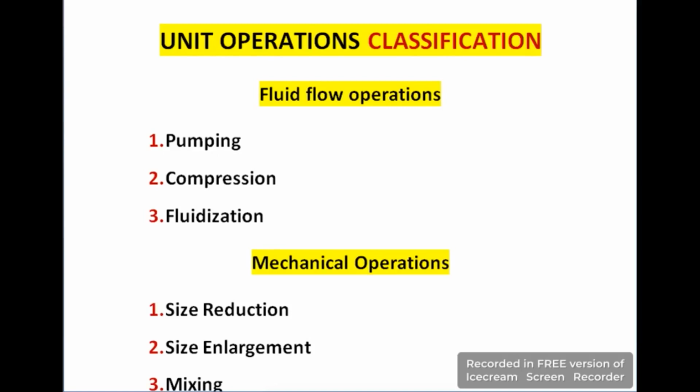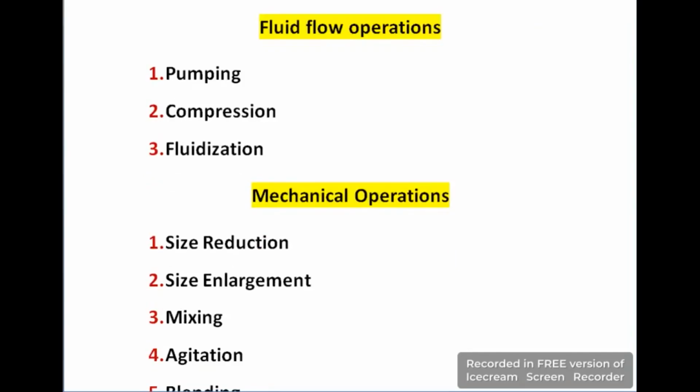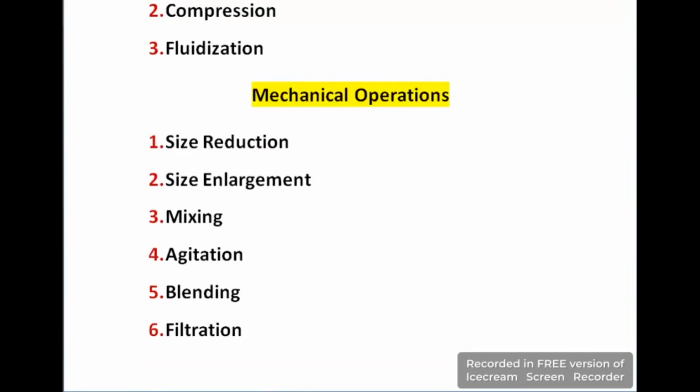In industries, a large number of operations take place. So here I summarize some processes which will give you an idea what type of processes are involved in unit operations. If we talk about fluid flow operations, then pumping, compression, and fluidization are involved in unit operation. If we talk about mechanical operations, then size reduction, size enlargement, mixing, agitation, blending, and filtration processes are involved.